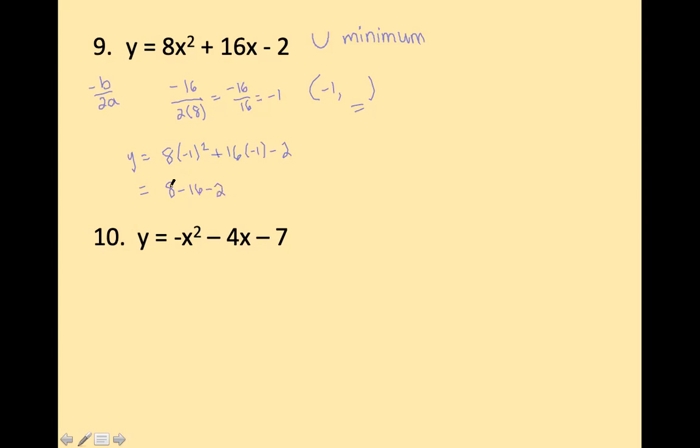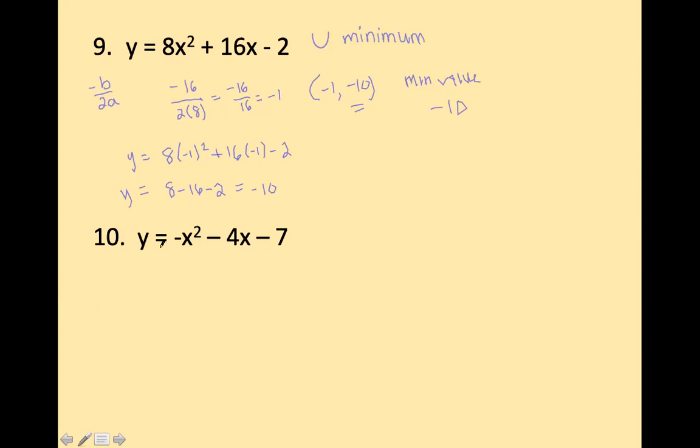Subtract 2. So we get for our y coordinate 8 minus 16, negative 8, negative 8 minus 2, negative 10. So this graph has a minimum, and the minimum value is negative 10.